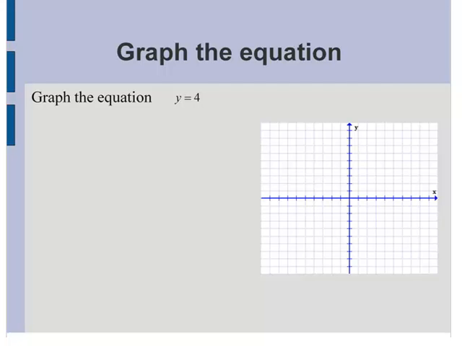What if we were asked to graph the equation y equals 4? Now, this equation has no x present, so we don't usually use the same sort of methods that we did for the previous exercises. Instead, when I see an equation like this, where I only see one variable and I'm asked to graph it, I set up a table.